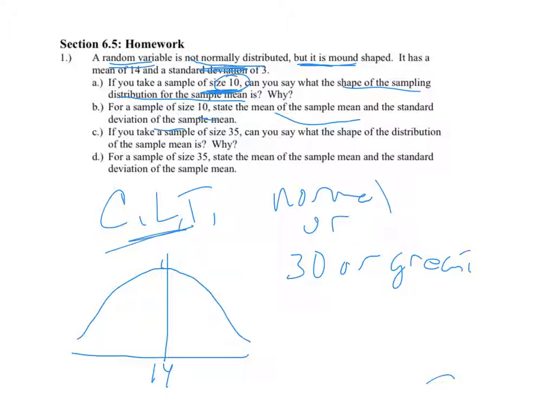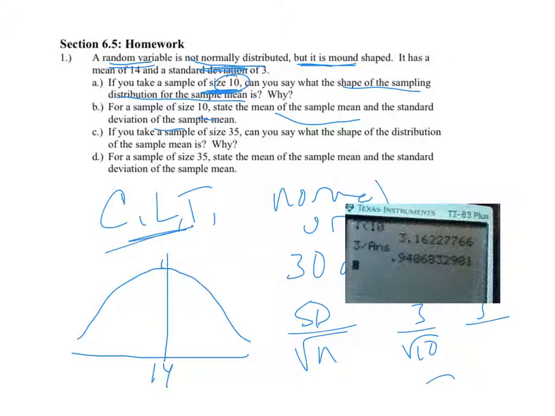And the standard deviation is always you take your old standard deviation for the individual or for the population if you have it, or you use your sample standard deviation, and you divide that by the square root of the sample size. So we're going to do 3 divided by the square root of 10, and remember that the square root is this symbol here, not the squared key, right?